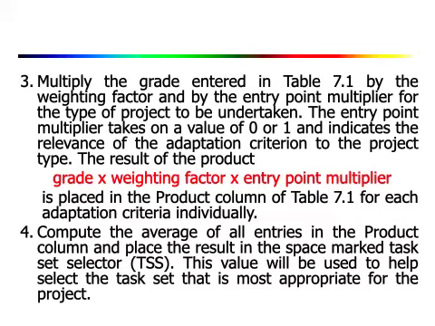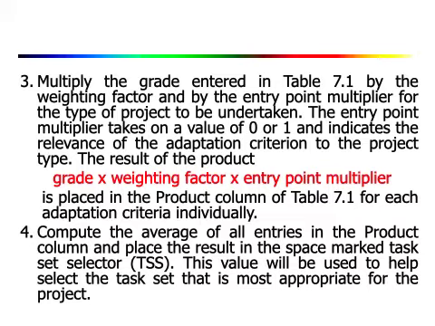Okay, so when these three factors are available, you can find the values in the product column. And finally, you're going to compute the average of all entries in the product column and place the result in the space marked as task set selector. So we have finally task set selector.